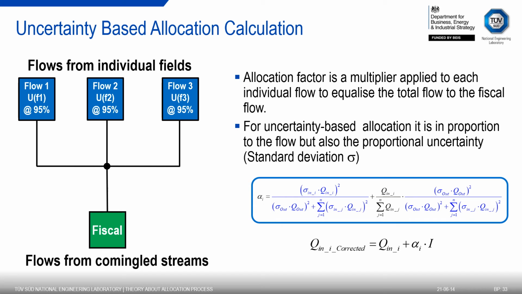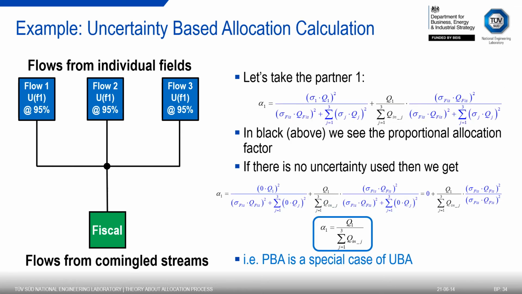So in fact, said in a different manner, the production-based allocation is a particular case of the uncertainty-based allocation if you are not using the uncertainty in your measurement. Okay, so said in a different manner, it's not a fundamental difference between the production-based allocation and the uncertainty-based allocation. It's just a particular case, and you should definitely use this uncertainty-based allocation as much as you can.